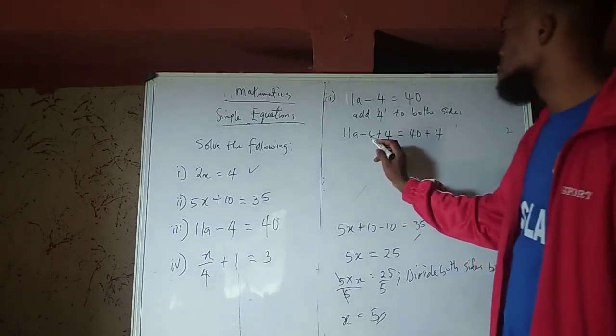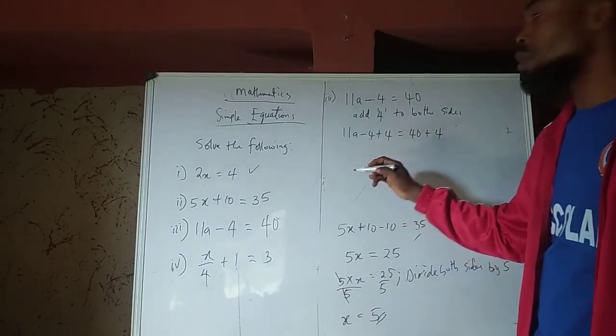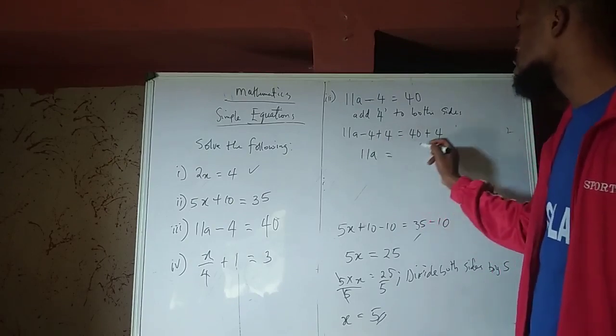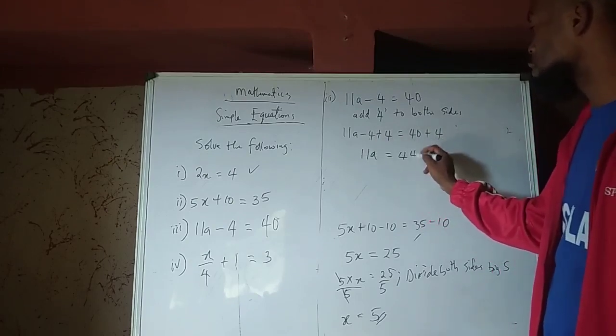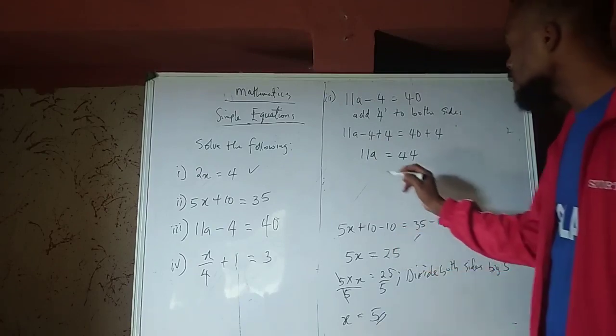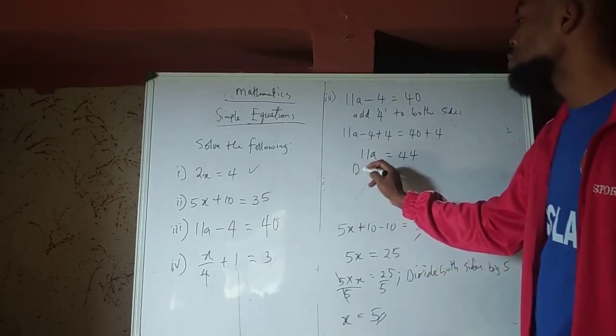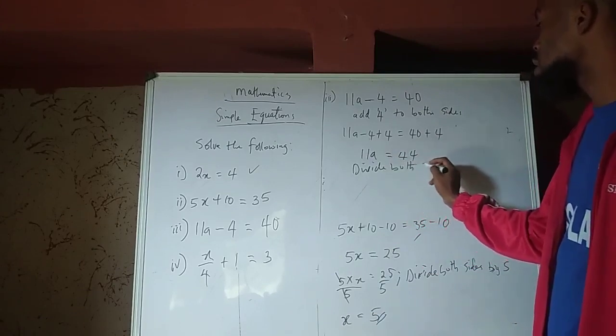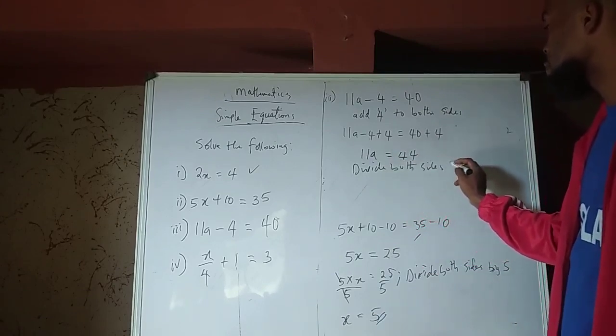Minus 4 plus 4 is actually 0. So we'll be left with 11a equals 40 plus 4, which is 44. So at this point, we divide both sides by 11.